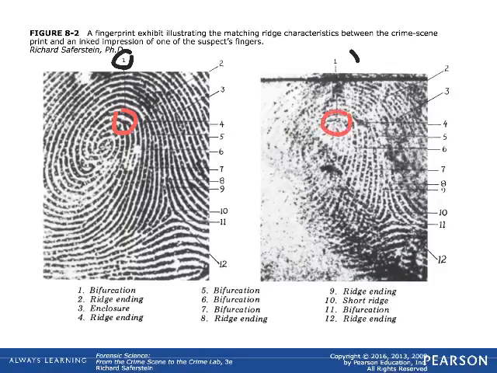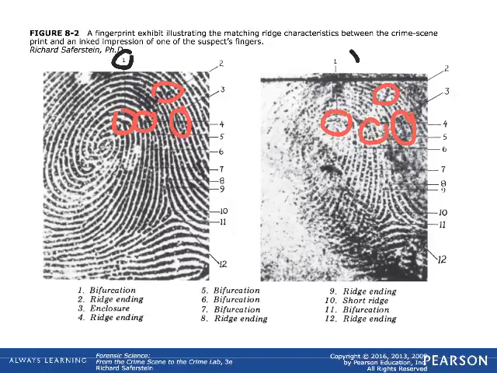Number 2 is a ridge ending, so you can see where it stops, sort of. 3 is an enclosure, so there's an enclosure, there's an enclosure. 4 is another ending, and they match on both diagrams. 5, 6, 7, those are all bifurcations, so places where they split, and they match.